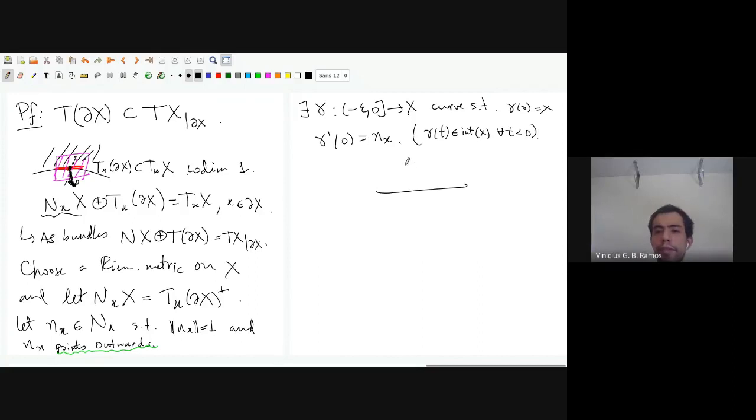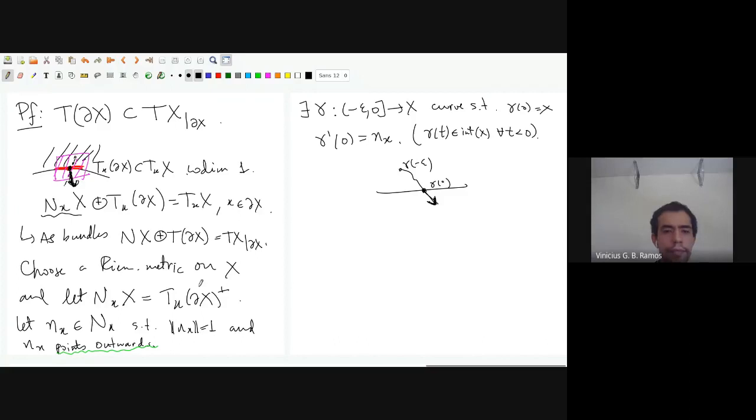So it just means there's a curve like this that goes from minus epsilon to 0, and this vector is the derivative at 0. But we're assuming that it is in the normal bundle and has norm 1. So we can always find this. You can always find a normal vector field along the boundary that points outwards using this construction.